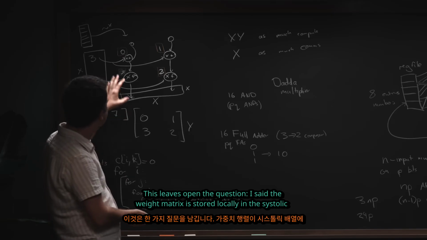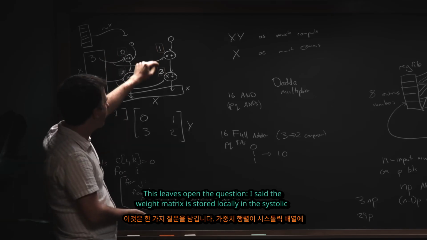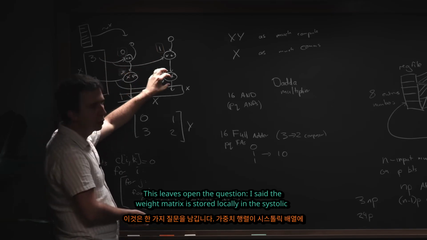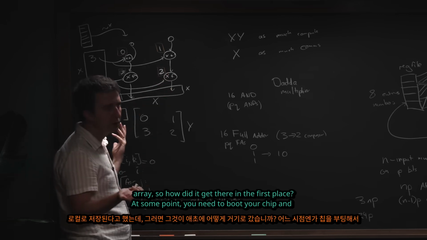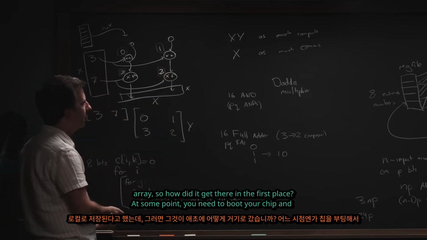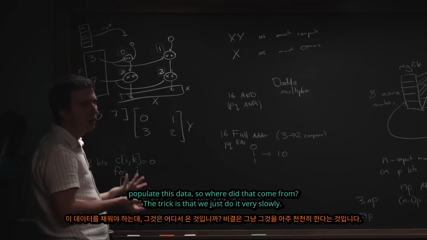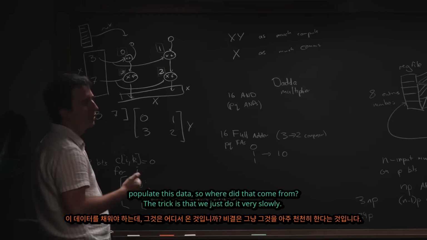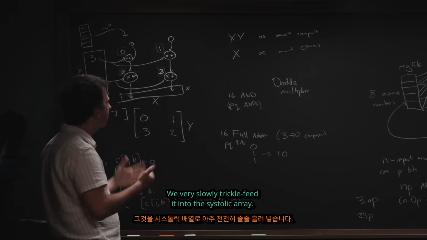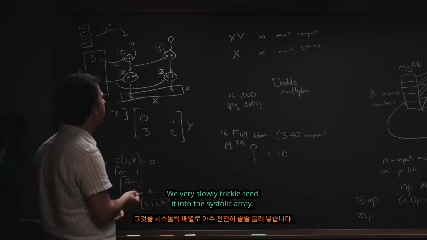This leaves open the question: I said that the weight matrix is stored locally in the systolic array. How did it get there in the first place? At some point you need to boot your chip and populate this data. And so where did that come from? The trick is, we just do it very slowly. We very slowly trickle feed it into the systolic array.